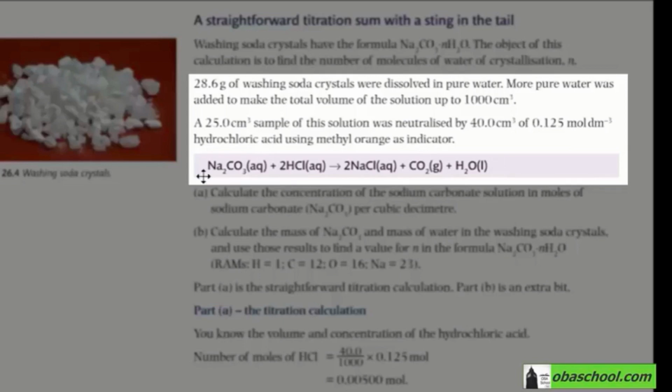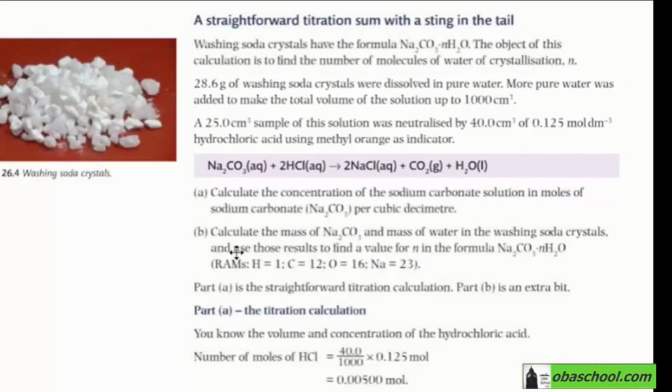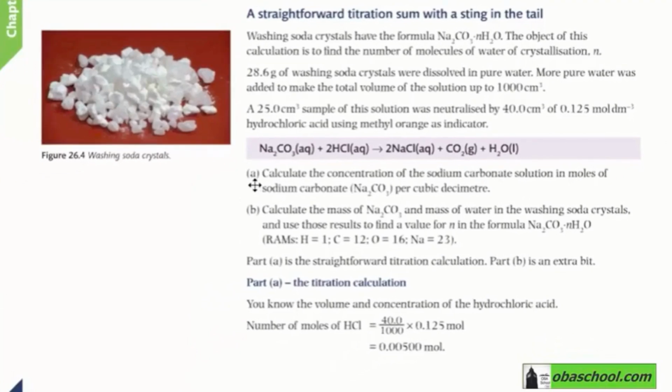This is the equation we have between sodium carbonate and hydrochloric acid to give sodium chloride plus carbon dioxide plus water. As I said, we have two parts for this question. Part A is to calculate the concentration of sodium carbonate solution in moles of sodium carbonate per cubic decimeter.